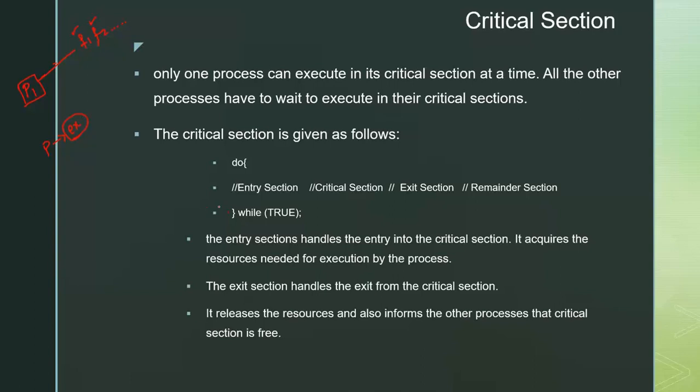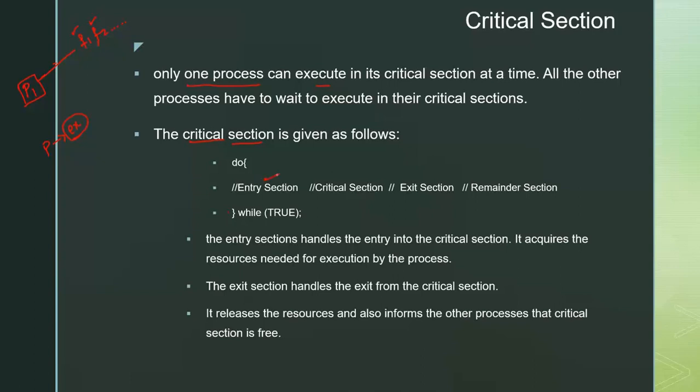So those types of sections or execution parts will enter into the critical section, where the resources or the execution of instructions will not be shared with any other process. So only one process will execute at a given point of time. After completion of execution, other processes can access the information, which is nothing but our critical section problem.